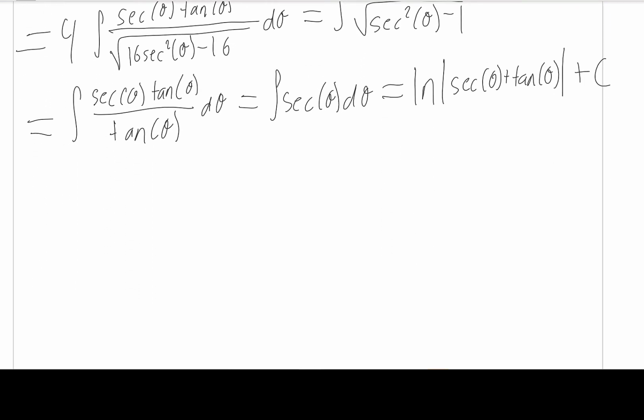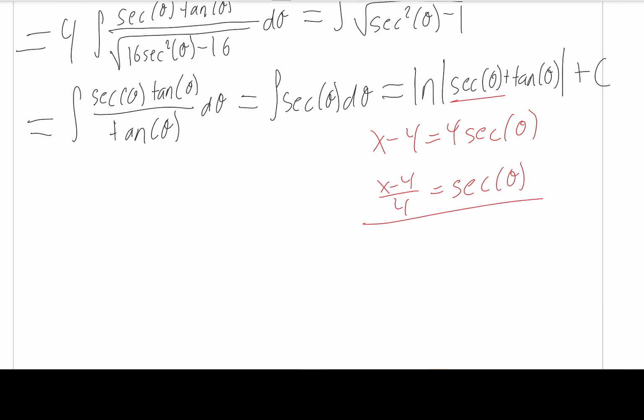So let's see, we have x minus 4 equals 4 secant theta, which means that x minus 4 over 4 is equal to secant theta. That'll be good because this will work for plugging in for that. But I'm going to go ahead and take a secant inverse real quick so that we can set up our triangle. So this is secant inverse x minus 4 over 4 equals theta.